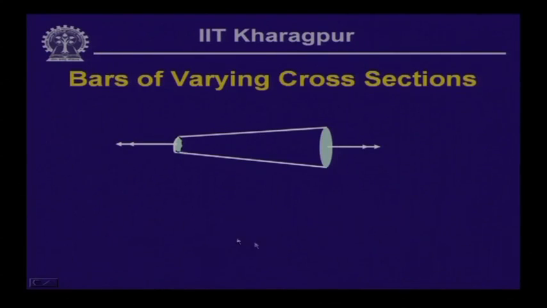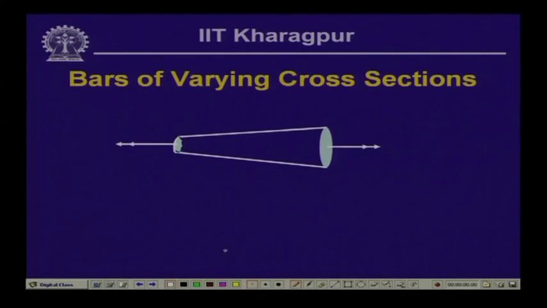Now, if we take a bar which is gradually varying, and let us say we have a diameter here as d 1, diameter here as d 2, and subjected to a positive twisting moment T. Now, as we know, T by J is equal to tau by rho.